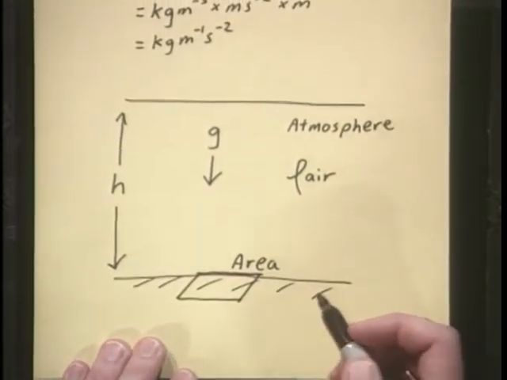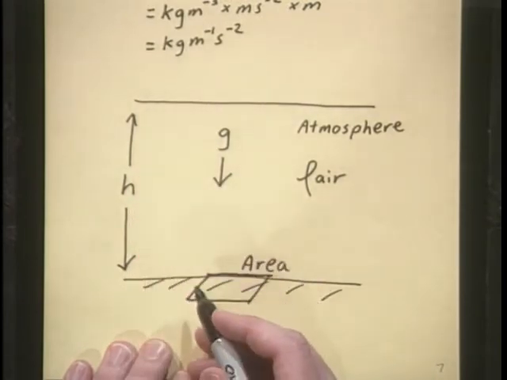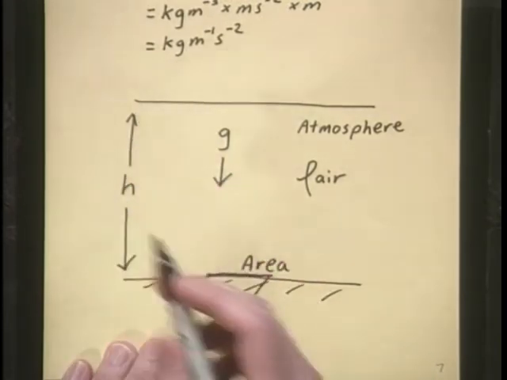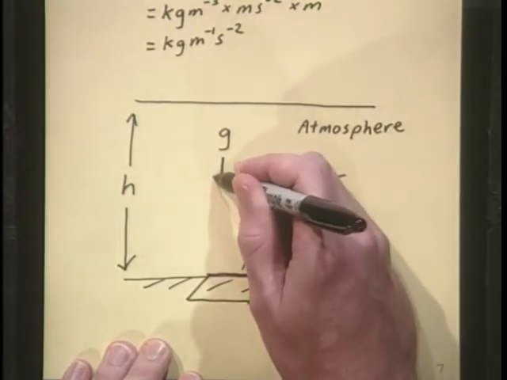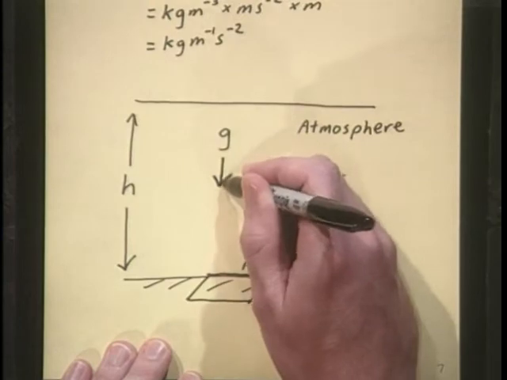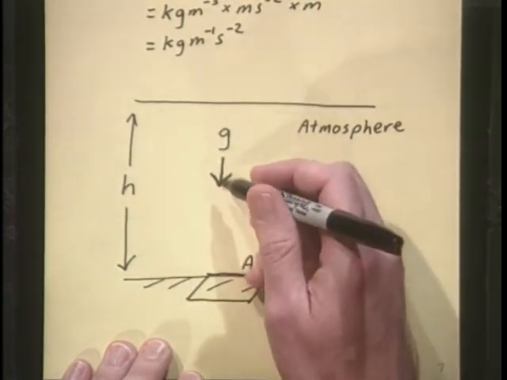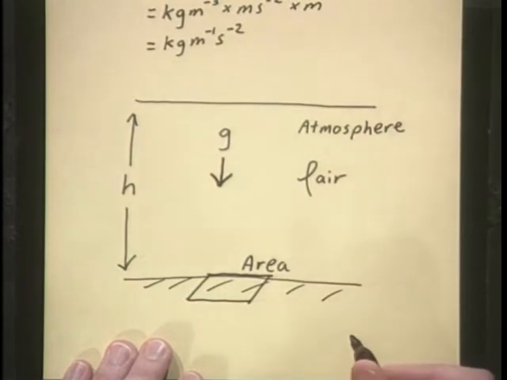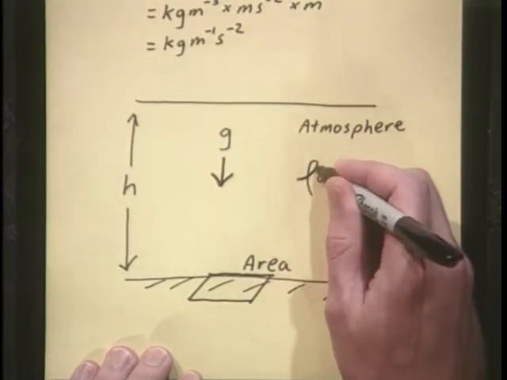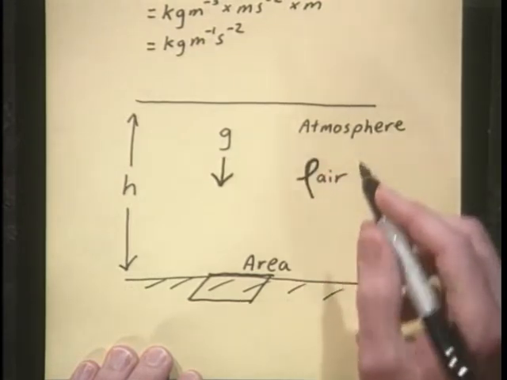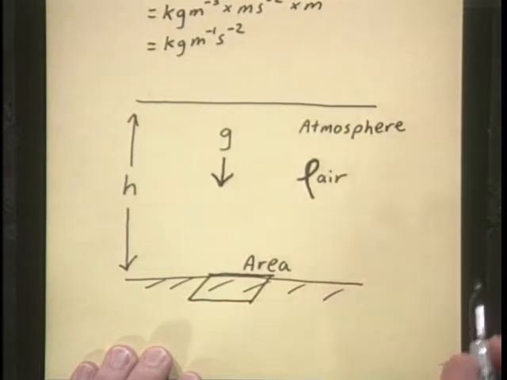So in our atmosphere here, we have a height drawn of our atmosphere, an arbitrary height. Gravity is a force pushing down. Gravitational acceleration wants to push the mass of the atmosphere down towards the surface. The symbol here is density, so the air is going to have a specific density.